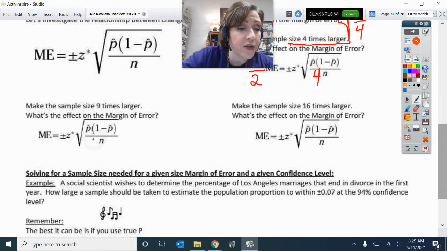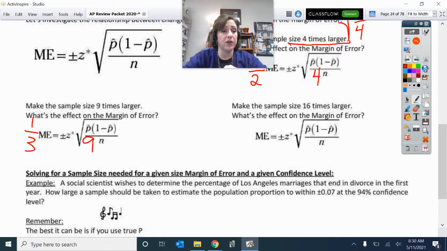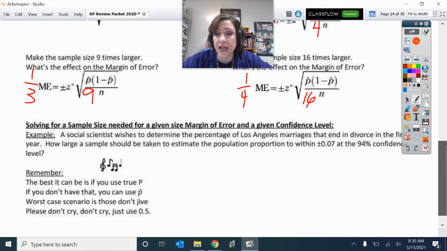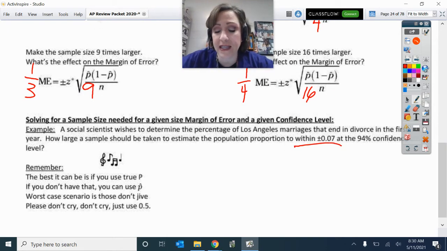That's 1/2 on the margin of error side. Over here, if you did 9 here, then of course that would be 1/3 the margin of error, and so on. And then of course with our 16, if we put our 16 here, then that's going to be your 1/4. All right, now if you are solving for sample size, then they'll say, hey, we want you to have this size margin of error.